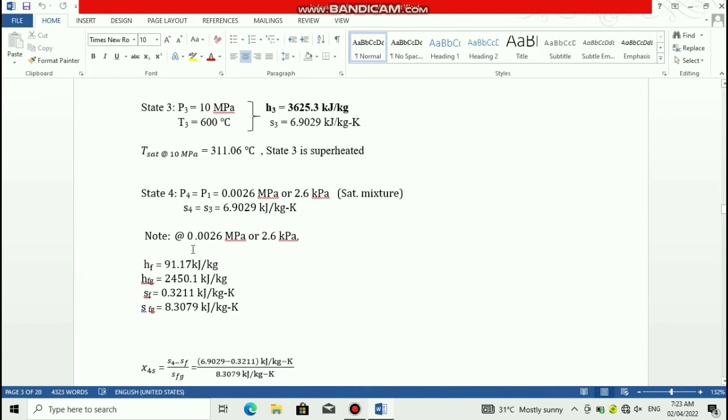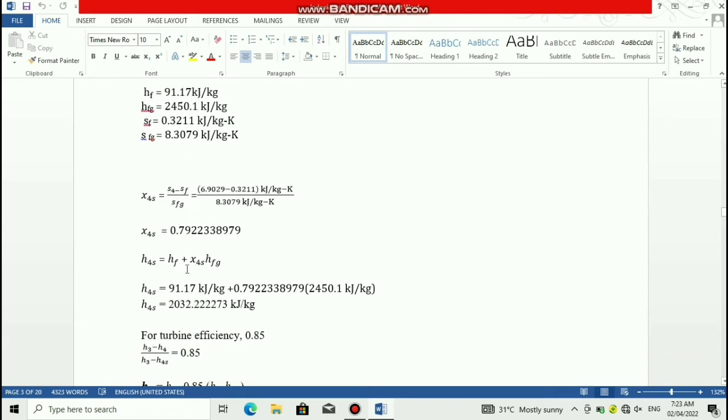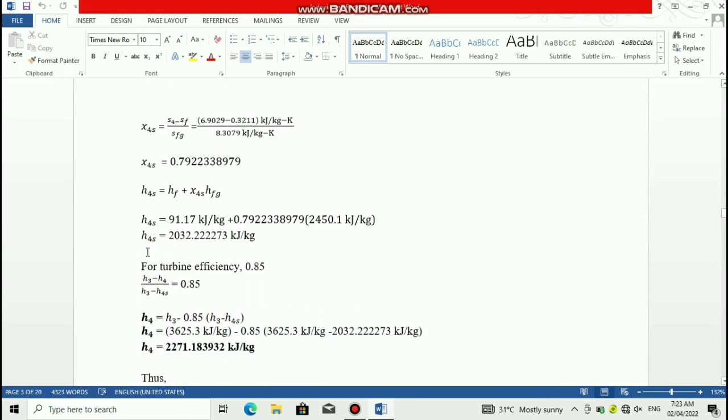Okay. So we note that at 2.6 kilopascal, these are the values for enthalpy and entropy. Since it is a saturated mixture, we get the quality. Using this formula, s4 minus sf over sfg, we can get x4s, which is 0.7922338979. Then, using this quality, we can proceed to calculate h4s. This is the h4s.